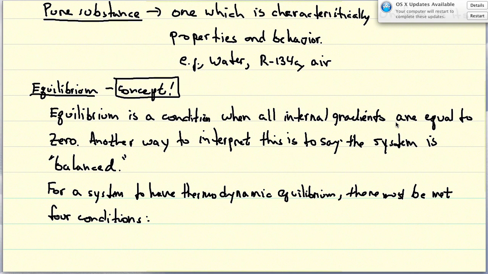What are these four conditions? Your system has to be in thermal equilibrium. There is no order in which these are met. Secondly, you have to be in mechanical equilibrium.